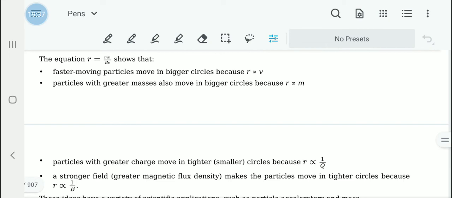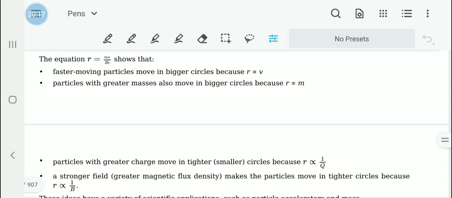Leave a line and write. From the equation R equals mv upon BE, we can understand that the higher the mass and the higher the velocity of the particle, the radius would be higher because R is directly proportional to V and M. Leave a line and write.